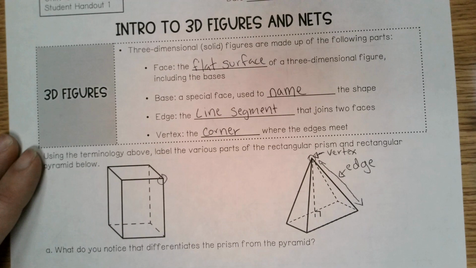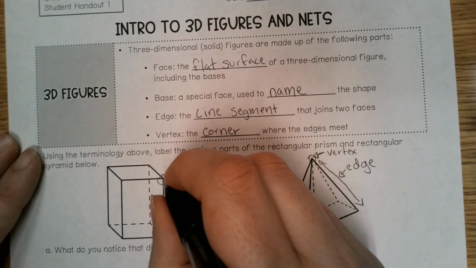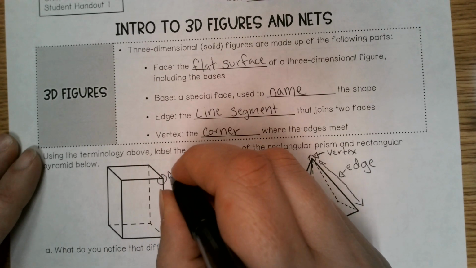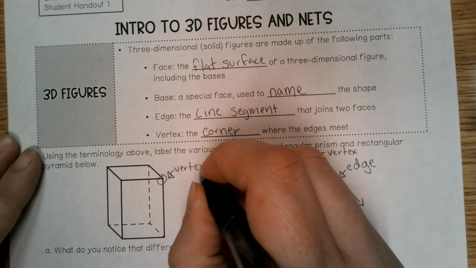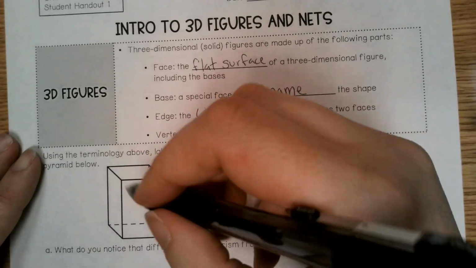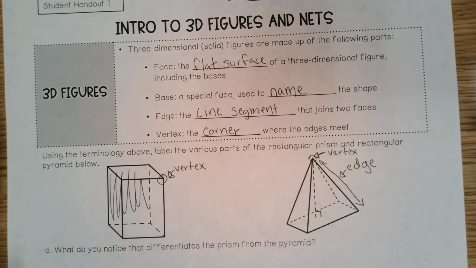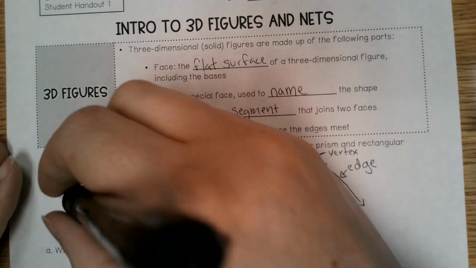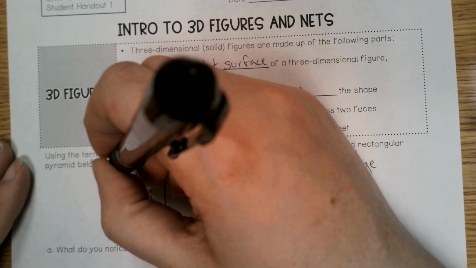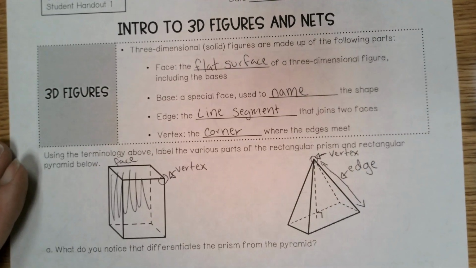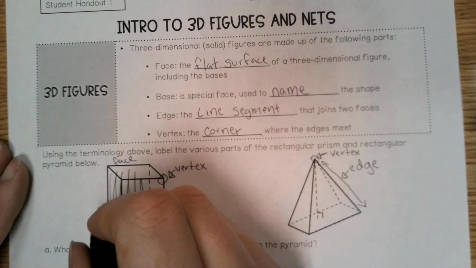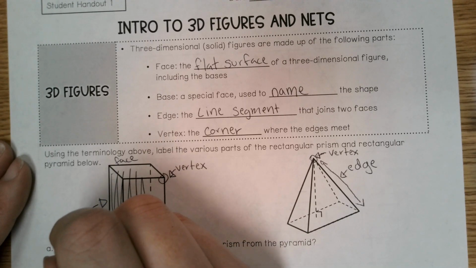Over here on the other shape, we have a vertex. I'm shading the back of the image. The entire back would be a face. And again, we have other edges.